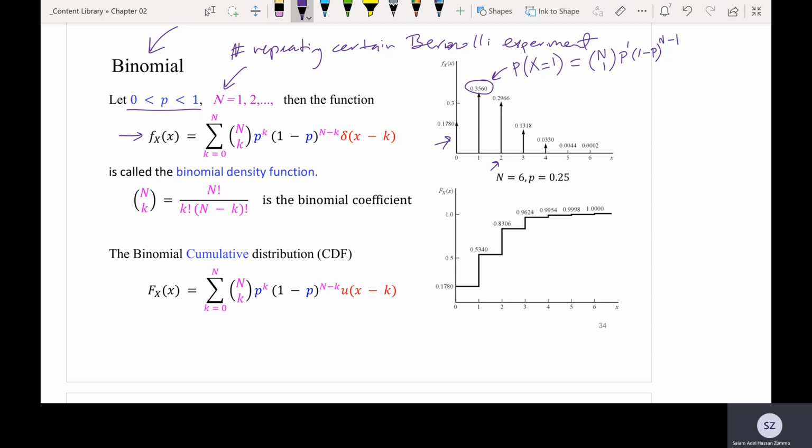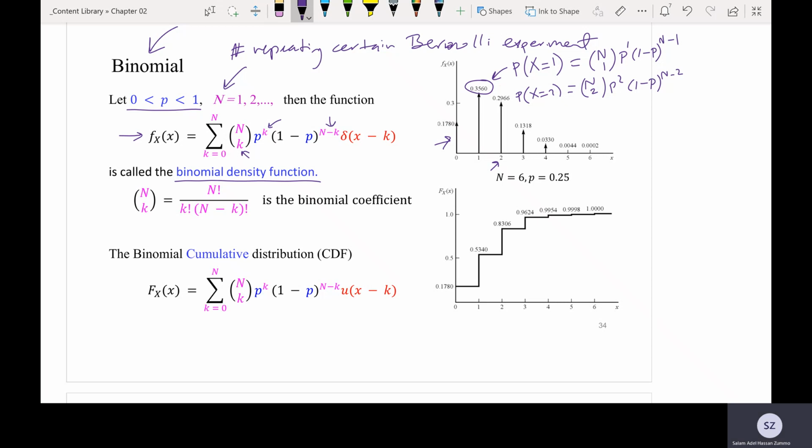At 2, it's another delta with k equal to 2. So it will be the probability that x equals 2, which is n choose 2, p squared, 1 minus p to n minus 2. And n has to be a given number. Okay, this is called the binomial density function. The random variable described here is a binomial random variable.